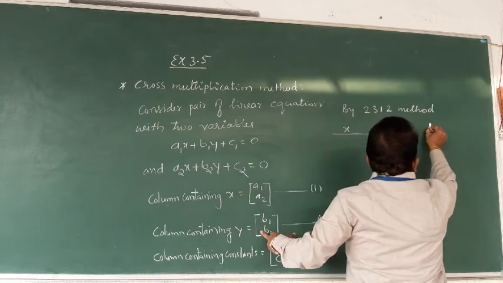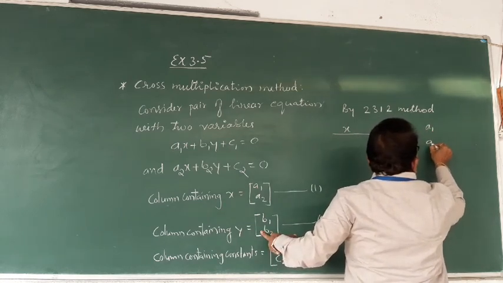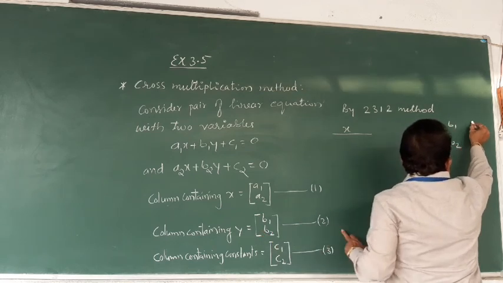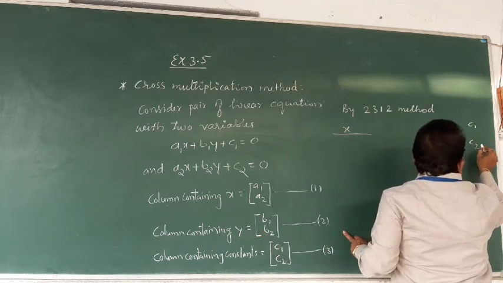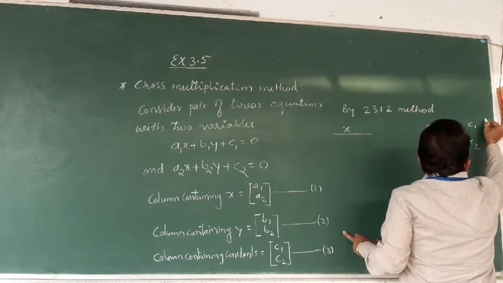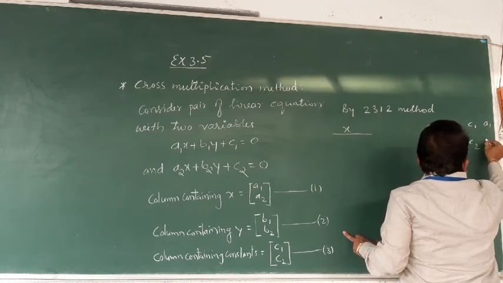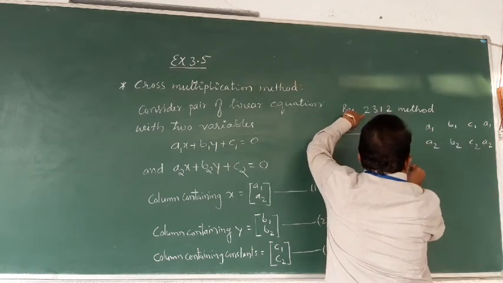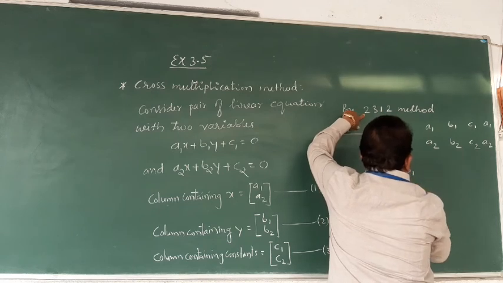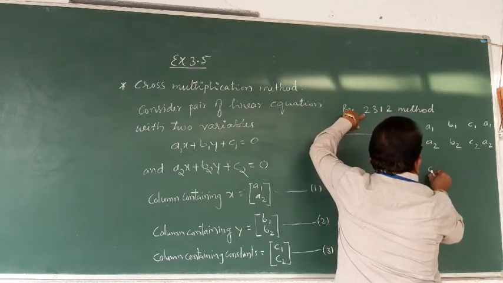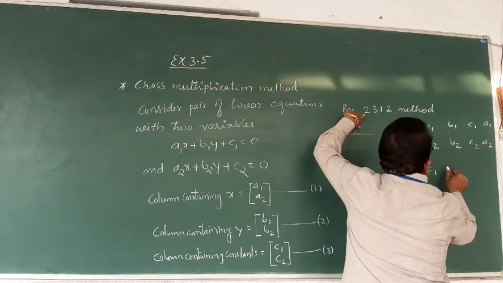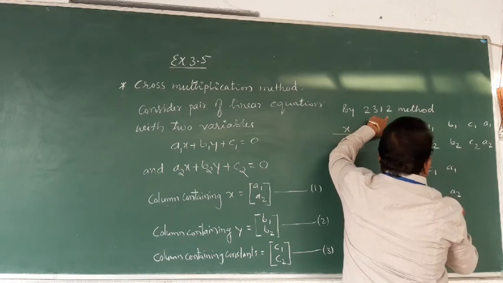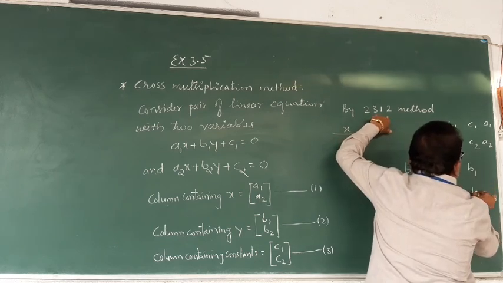Let us write this: b1 b2, c1 c2, then 1, a1 a2, then 2 again, b1 b2.